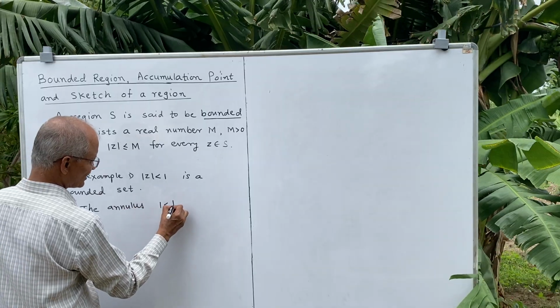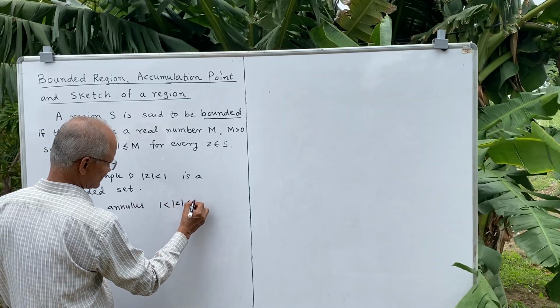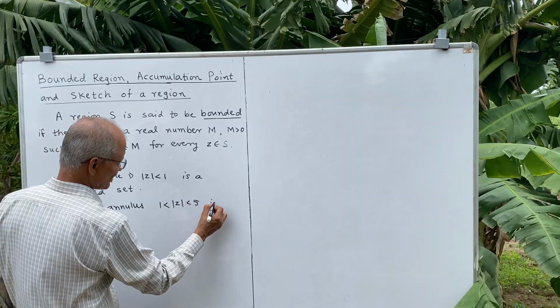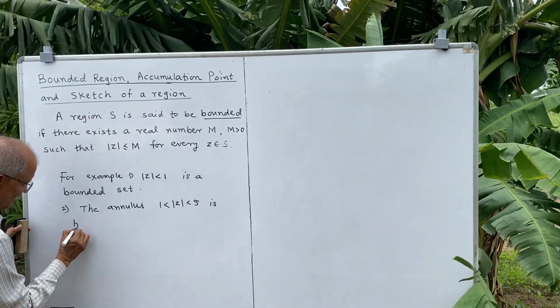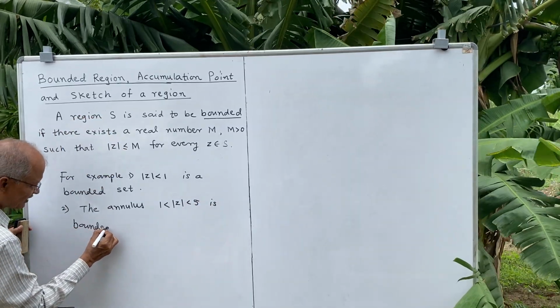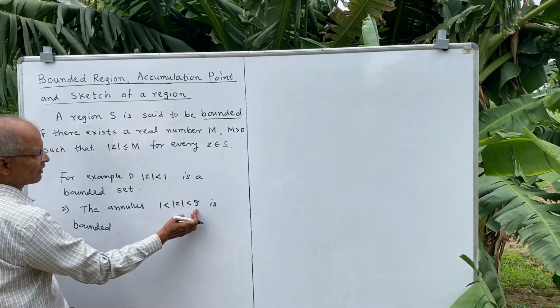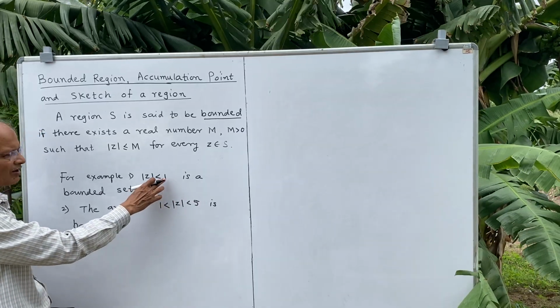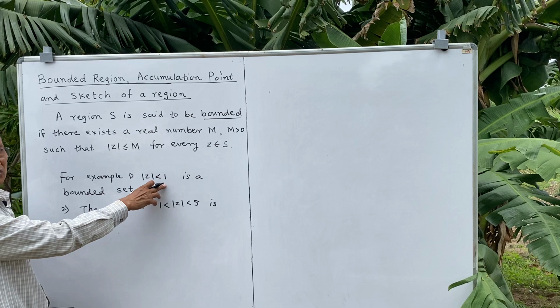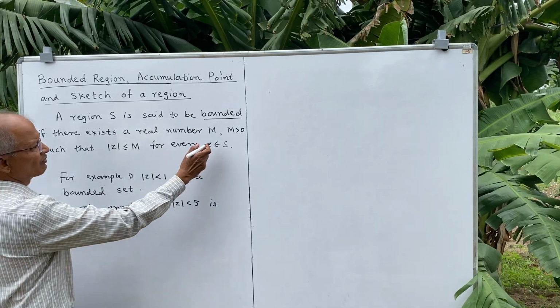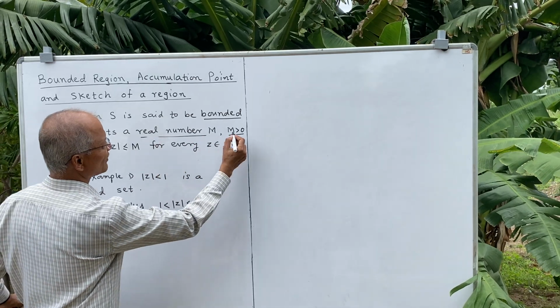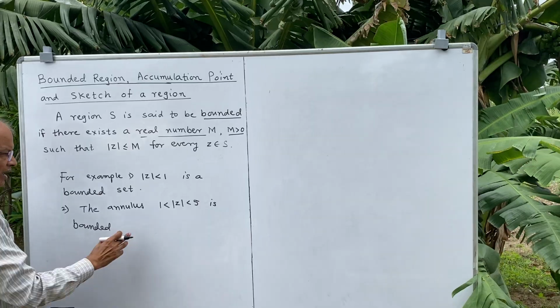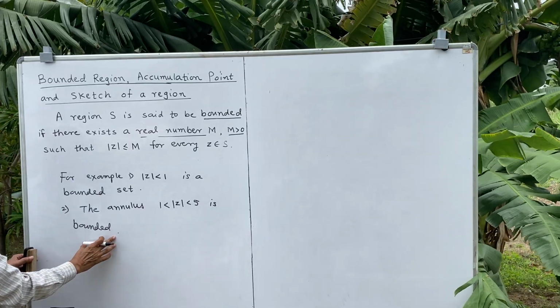Also, if you consider the annulus, say 1 less than mod Z less than 5, it is bounded, because here M can be taken as 5, or any positive number greater than 5 will work. So, this is also bounded.